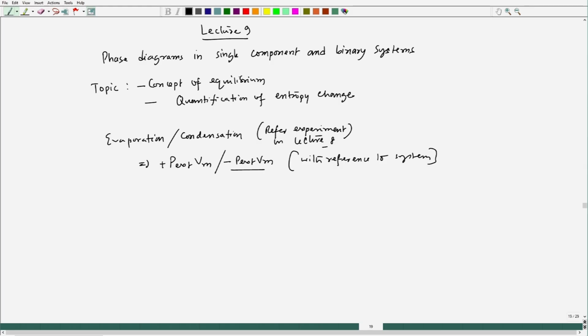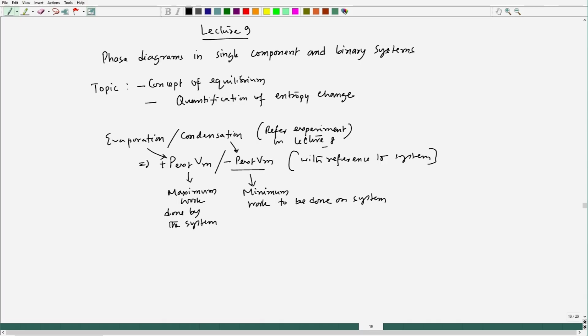So, this is the maximum work done by the system in evaporation, and this is the minimum work to be done on the system, and this is done by the system.